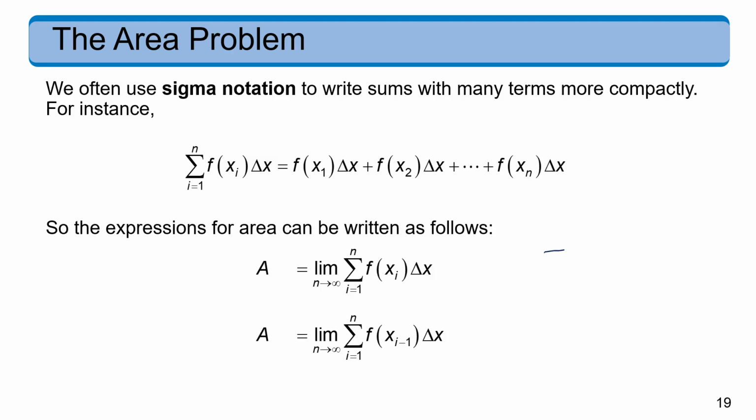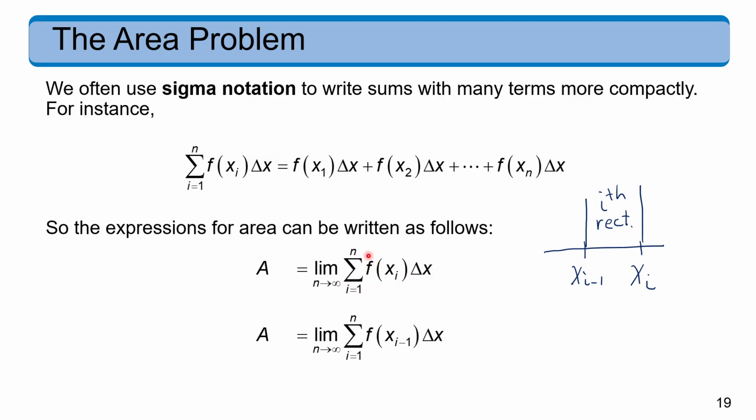Right, let's look at a number line. The ith rectangle was over the interval from x sub i minus 1 to x sub i. Right, so this is the ith rectangle. And notice in this expression here, we're plugging in x sub i to determine the height.